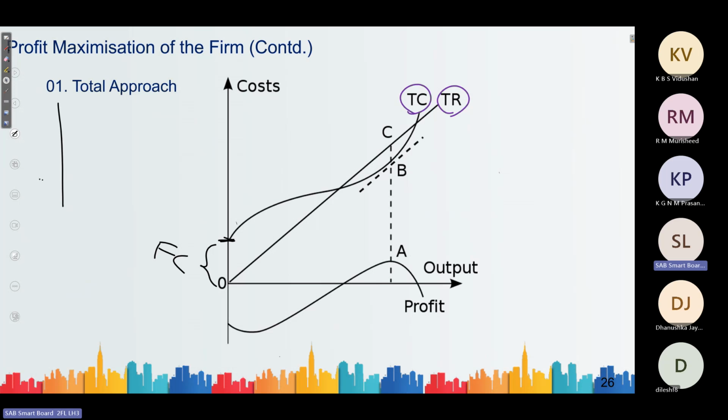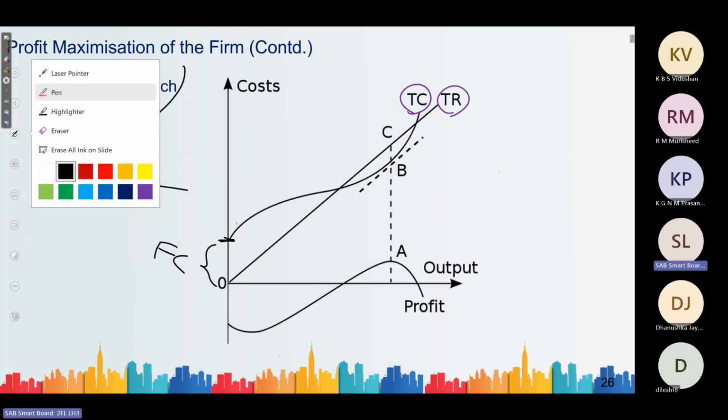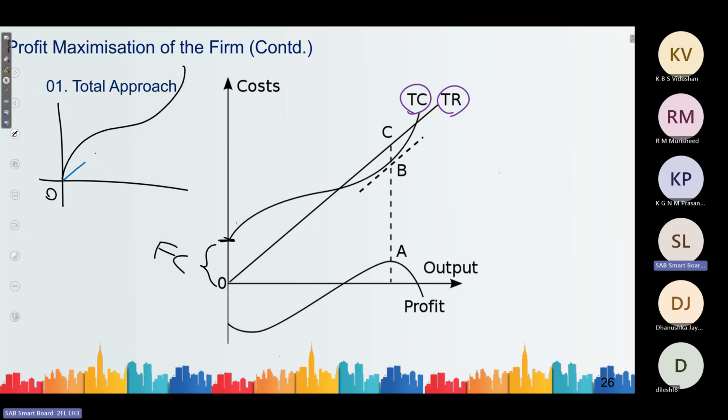The only difference comes with this. In the long run, we don't have fixed costs. So the long run total cost curve will start at the origin. Even in the long run, we will have a straight line for the total revenue.